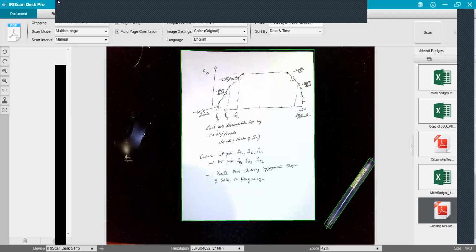So there we are with our Bode plot. We got a whole lot of things going on here.